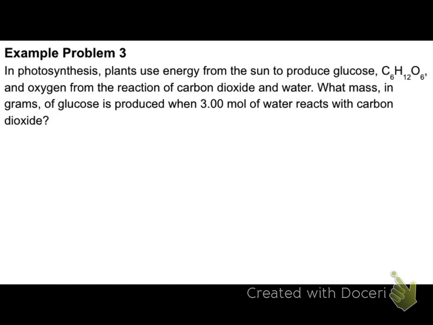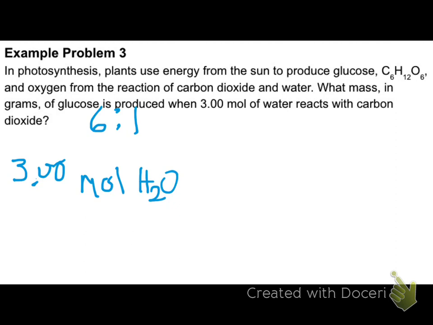So, wipe what I have on the screen right now. Okay, so we're starting off. We know we have 3.00 moles of water, and we want to get moles of glucose. Okay, so we're going to take that mole ratio that we found from the balanced equation, which is 6 moles of water to 1 mole of glucose, and we're going to turn it into a conversion factor.